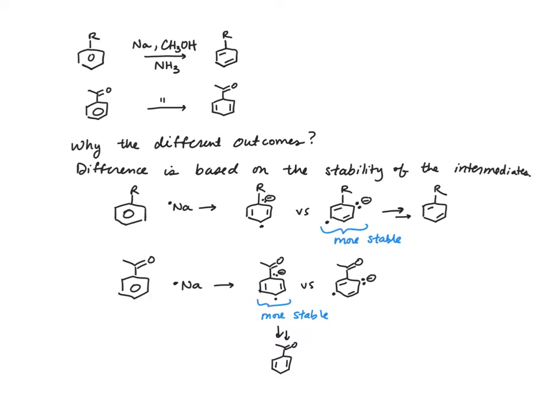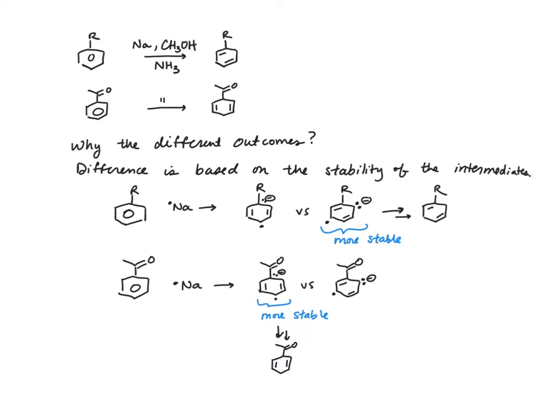When you reduce benzene derivatives with sodium, you have the choice of having a radical anion where the anion is close to the R group, or where it is one carbon over from the R group at the ortho position. When we have an R group, we know that that's electron donating, so we want our anions to be further away from it.